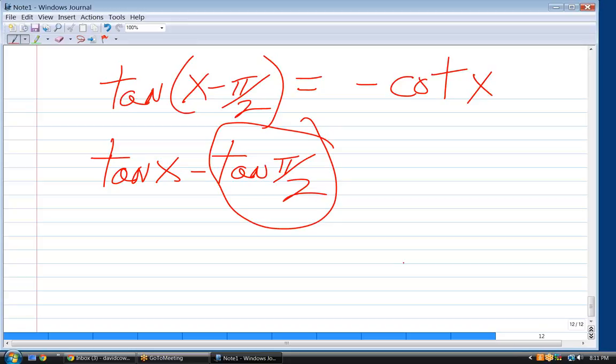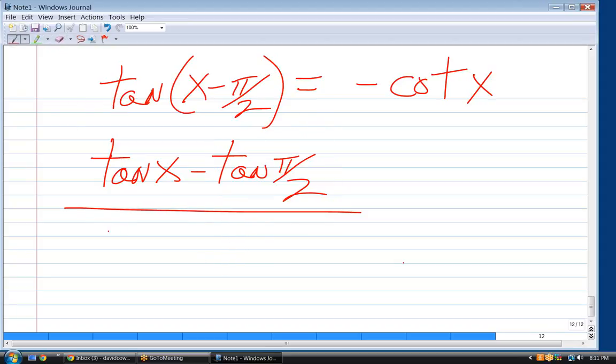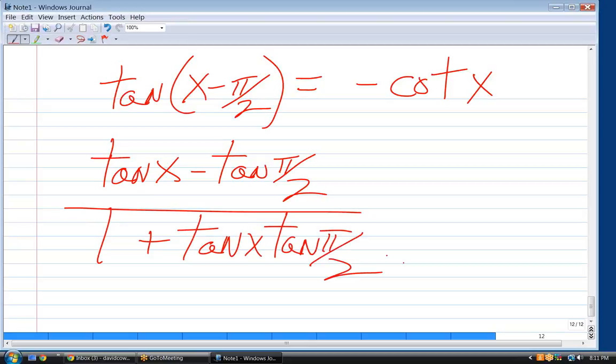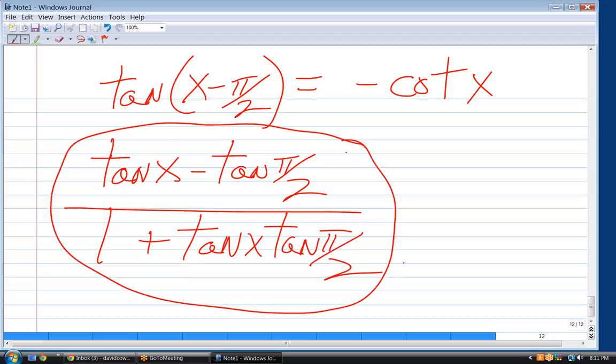Infinity. It's infinity. It's undefined. So now I have something that's a lot harder to do anything with, because I've got infinities in there. So trying to prove that that is equal to the negative cotangent of x, not so easy.